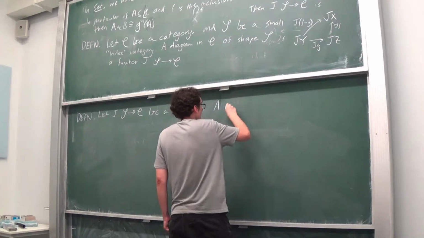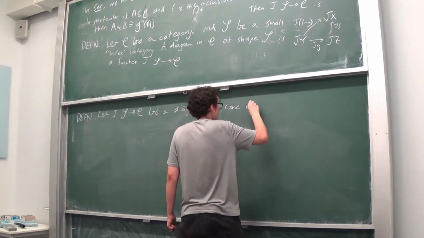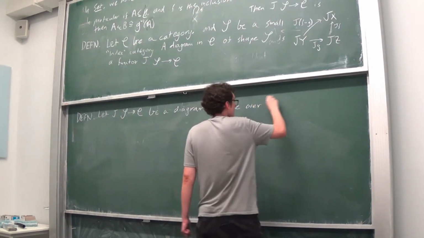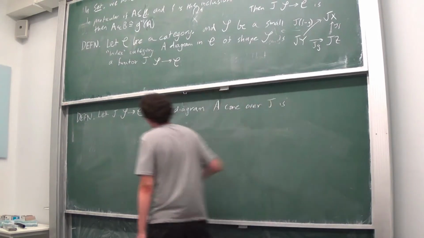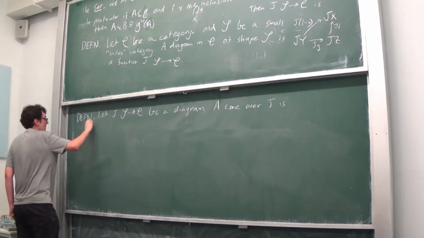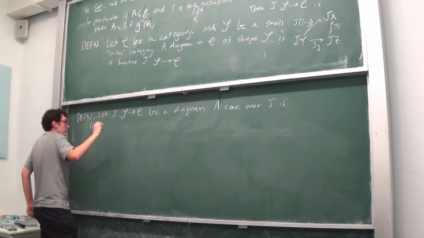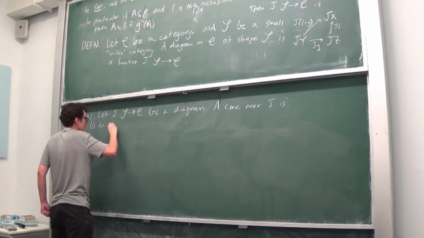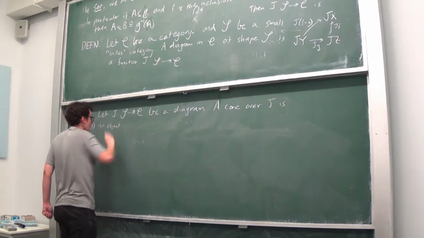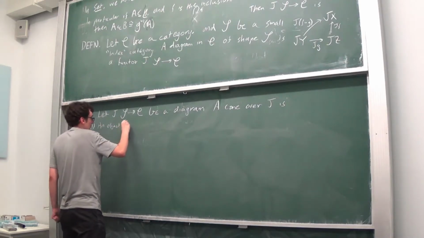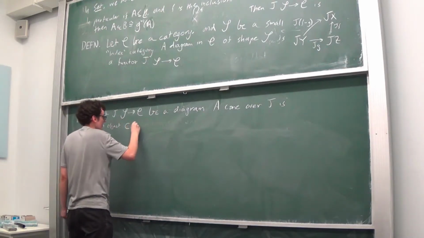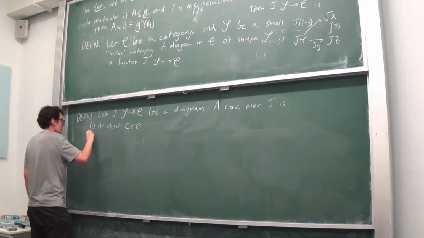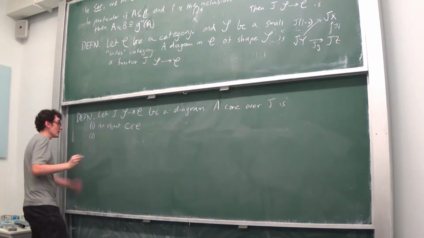A cone over J is, first things first, an object, which I'm going to denote C. And then it's a collection of morphisms.